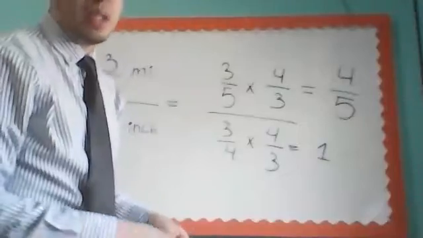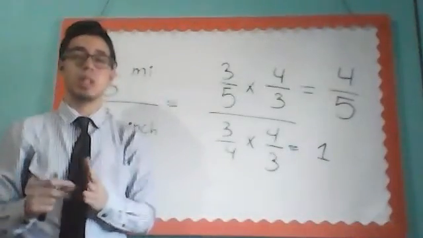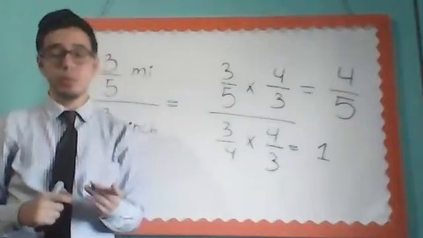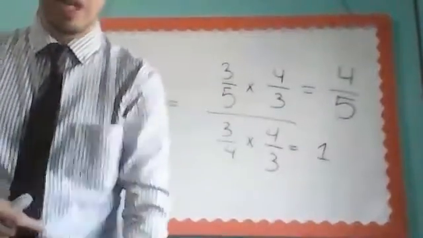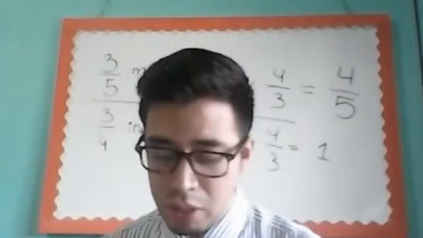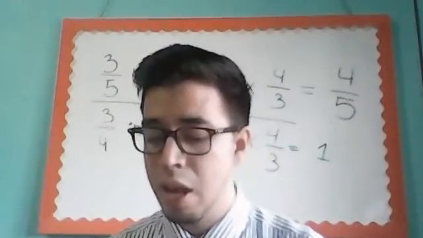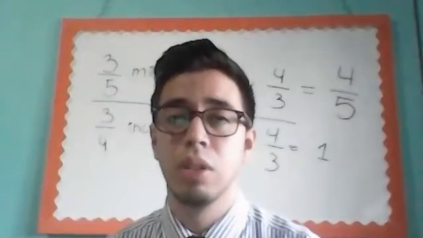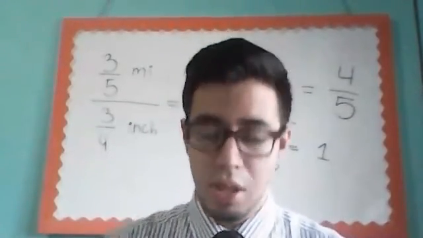In this case, we have inches because the map on the right part is represented in inches. And at the end of the exercise, we only multiply by 2. I already explained this part. We multiply by 2 because of the 2 inches that separate Omar's house and the school.